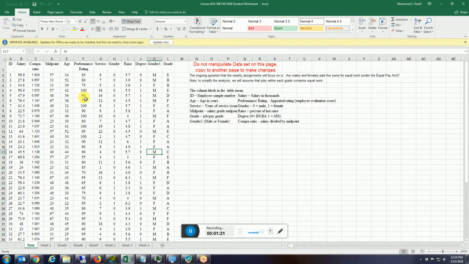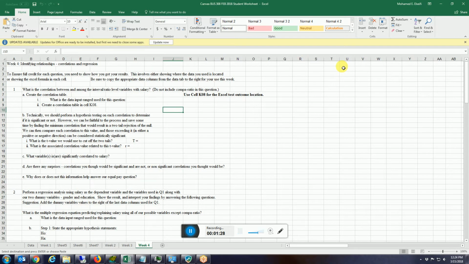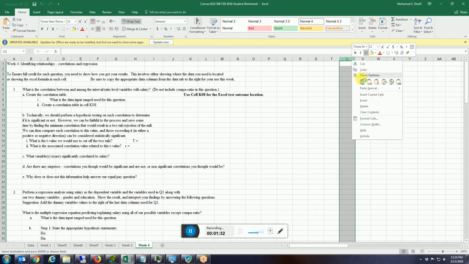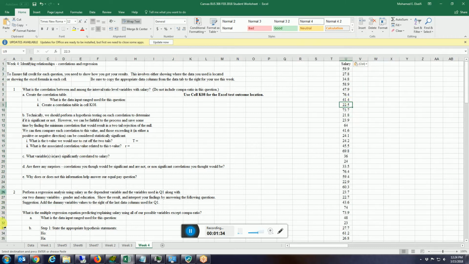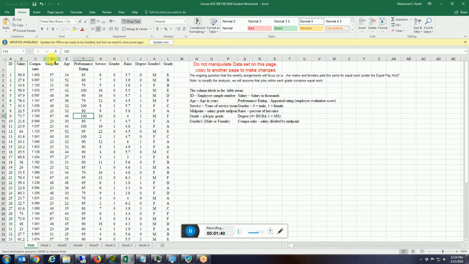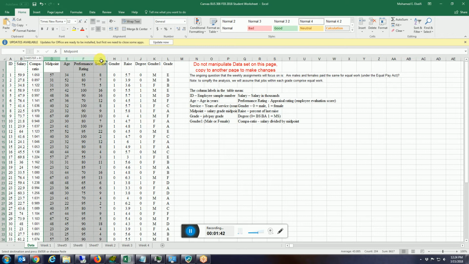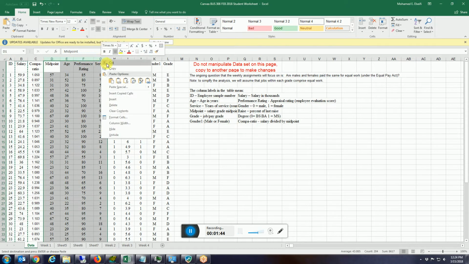So we will need salary. Salary. Let's put that somewhere here. We're gonna need now all the interval and ratio level data, so we're gonna use midpoint, age, performance rating, service.